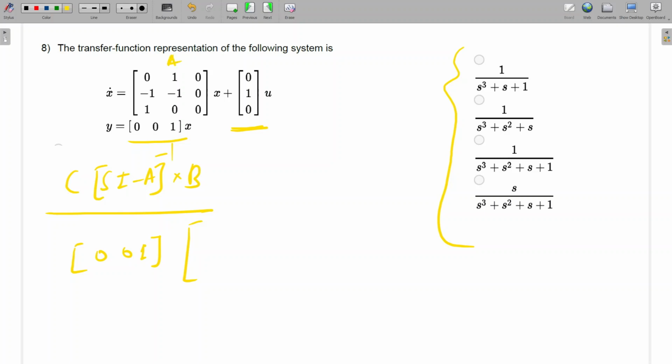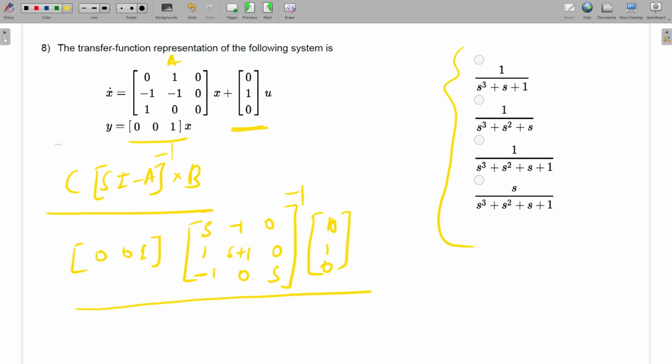And sI minus A will be, here it will come s minus 1, 0; again 1, s plus 1, 0; and here it will be minus 1, 0, s. This inverse, (sI minus A) inverse B, 010, divided by the determinant of this one, the determinant of s minus 1 0, 1 s plus 1 0, minus 1 0 s.